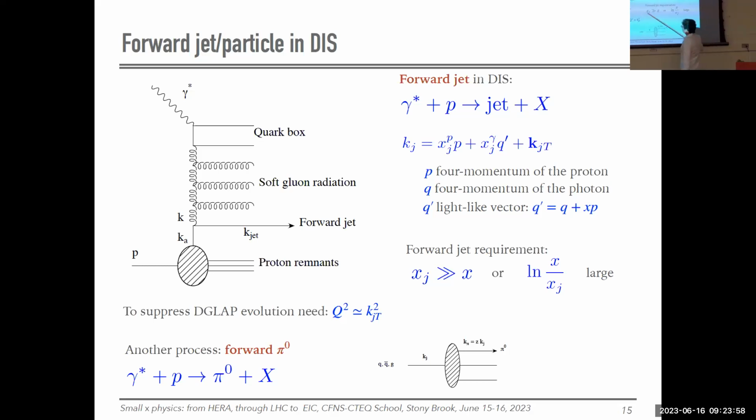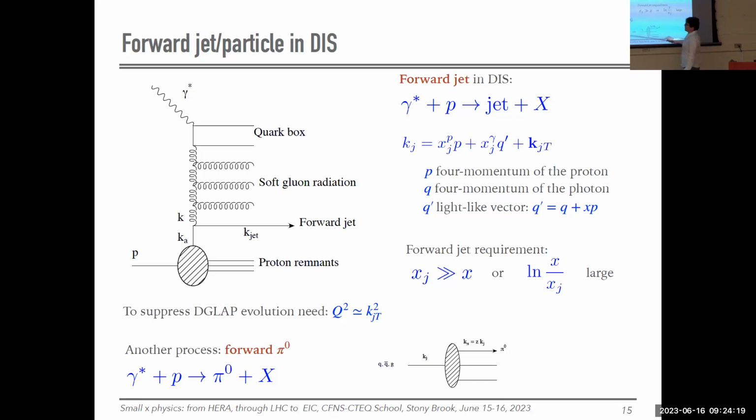You want this to be much larger than x, or this log to be large, because you want this rapidity distance to be large. And to suppress the DGLAP evolution, you want Q square comparable, so you want this jet hard enough, comparable with Q square.